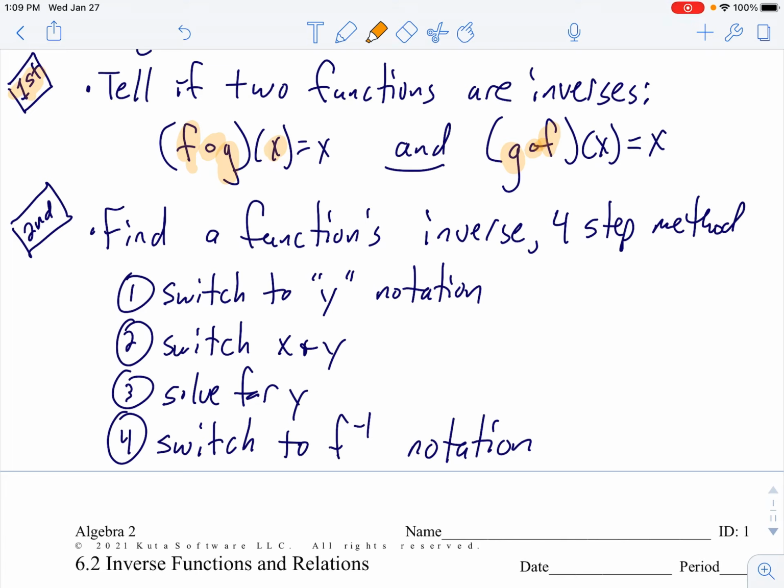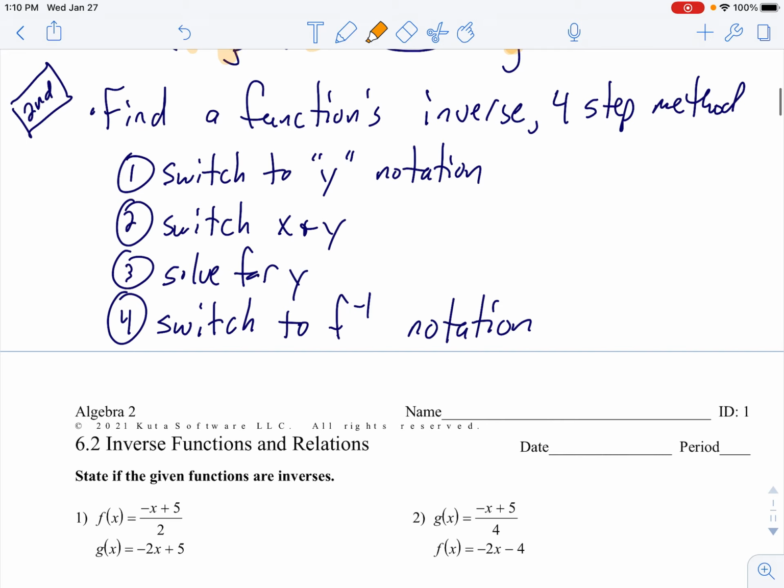When we did compositions, there's a first function and a second function. We have to give each one a chance to be first and the other one second. If you do that and both of them simplify out to equal x, then they are inverses. However, if even one of them does not simplify to equal x, then they're not inverses. The second type of problem is you're given just one function and you have to find its inverse.